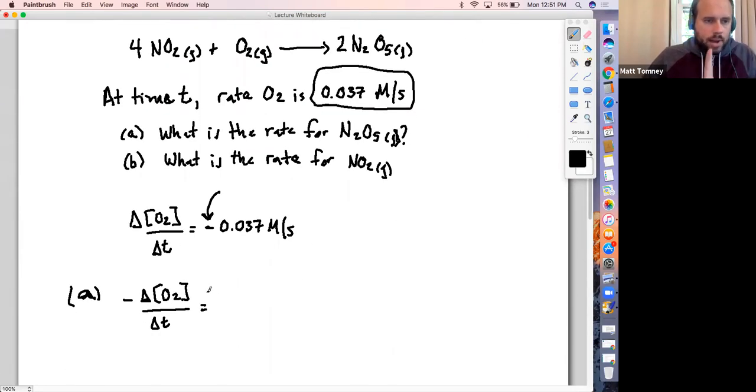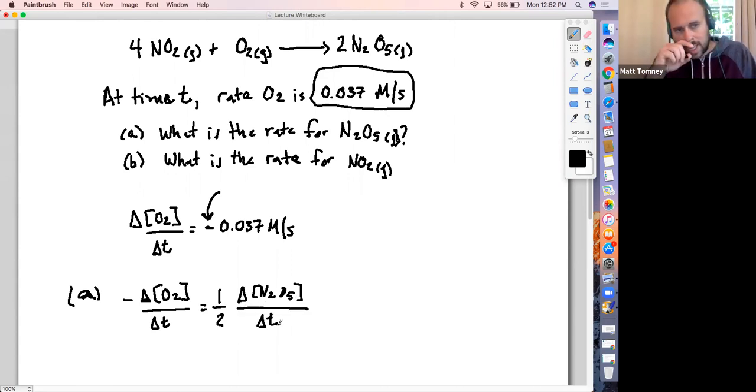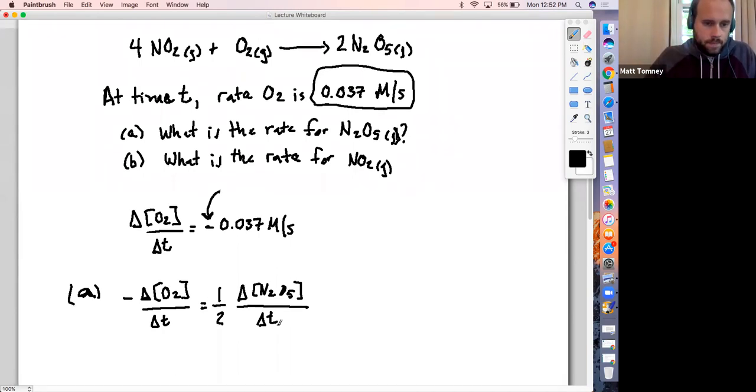Products are positive. I'm gaining product, so it would be a positive 1/2 because of that stoichiometric coefficient, okay? And it would be delta the concentration of N2O5 over the change in time. And the change in time, we're taking an instantaneous point at time t right here.